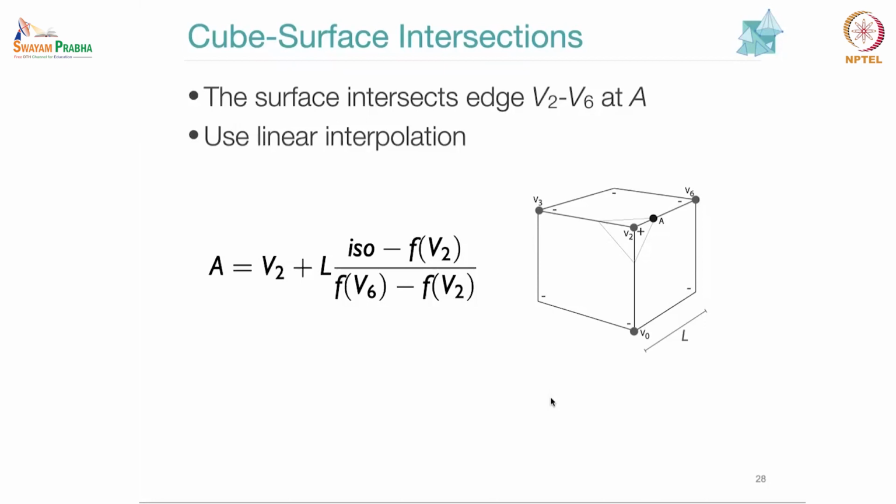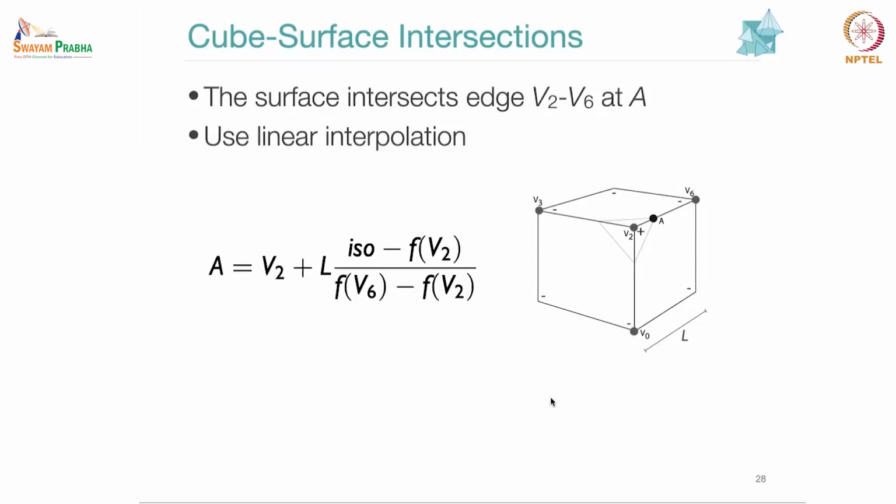So essentially, you need to do a linear interpolation on the edges. For example, in this case, the edge that has V2 and V6 as the values: V2 is some positive value, V6 is some negative value. You want to find out where exactly was 0, right? So this is equivalent to performing a linear interpolation.